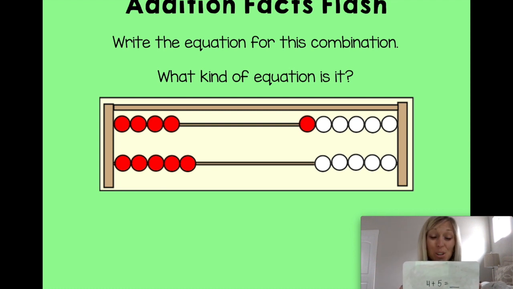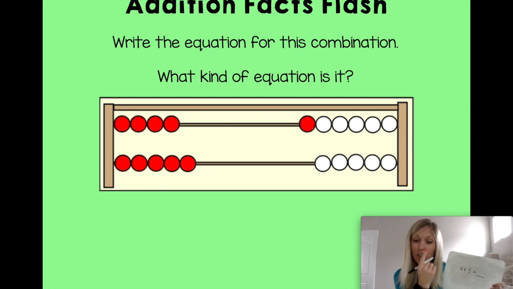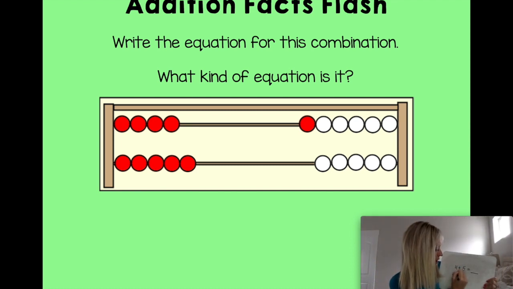There's actually 2. Okay, let's see. I know I can use doubles plus 1 or doubles minus 1. Let's look and see. 4 plus 4 plus 1 more to give me that 5 equals, what does that equal? 9. Or I can use 5 plus 5 minus 1.